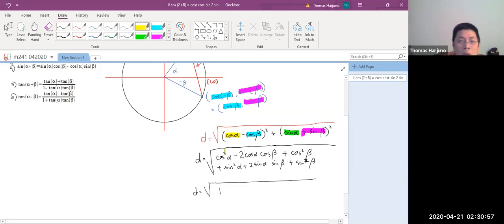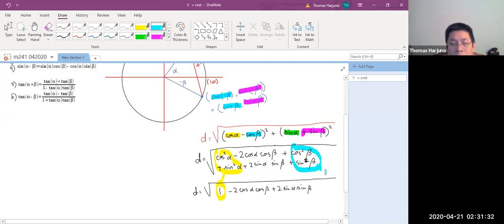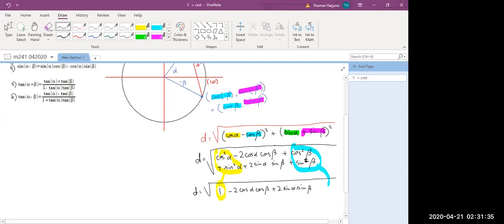So when I add them, it becomes 1. And then I continue: minus 2 cosine alpha cosine beta plus 2 sine alpha sine beta. And the last two terms here, when I add them, what do I get? 1. That's another 1, that's right.